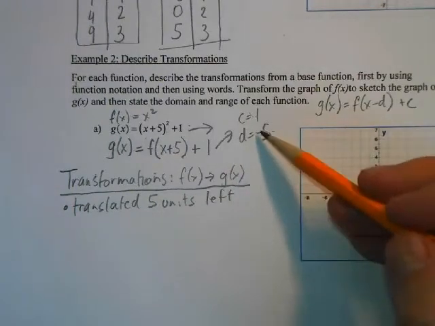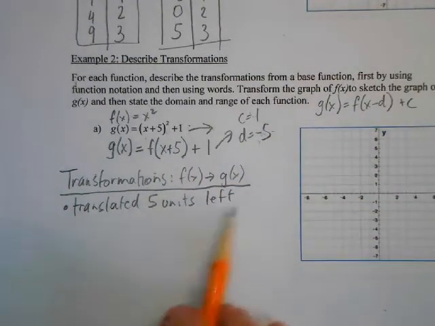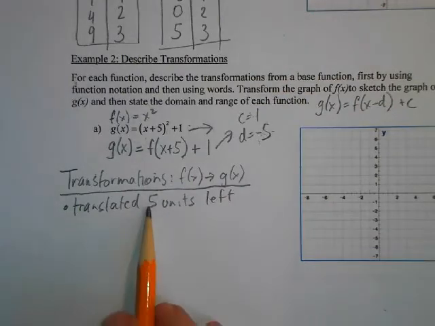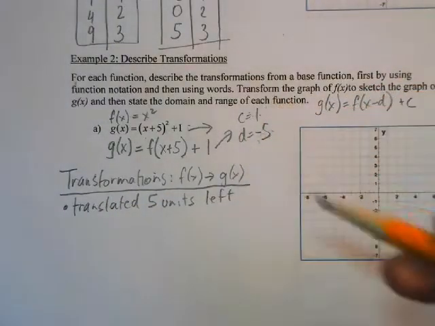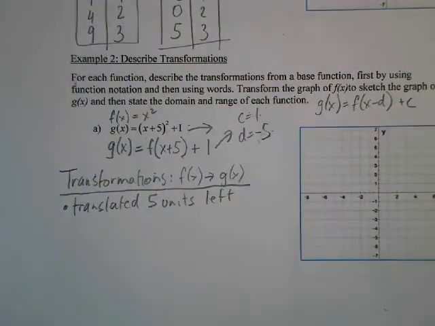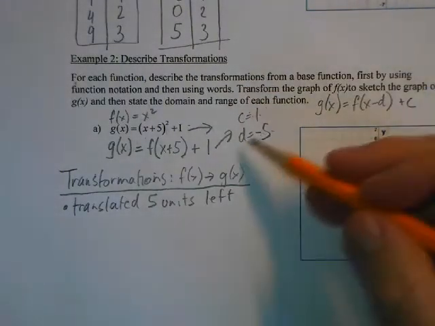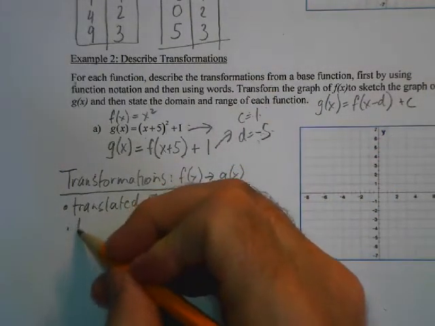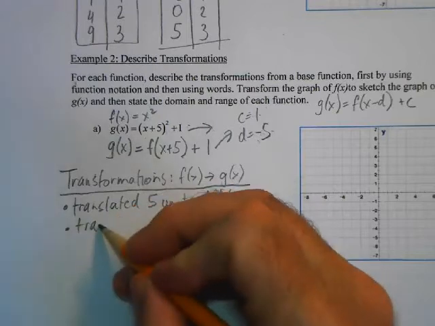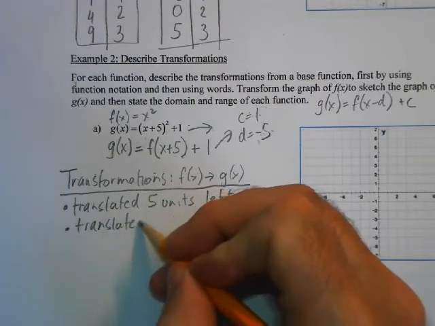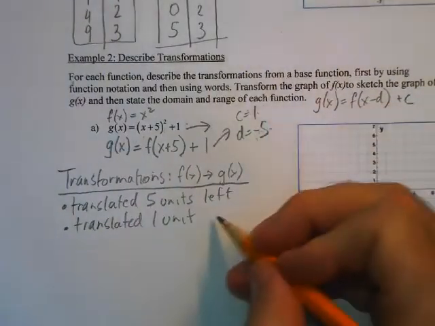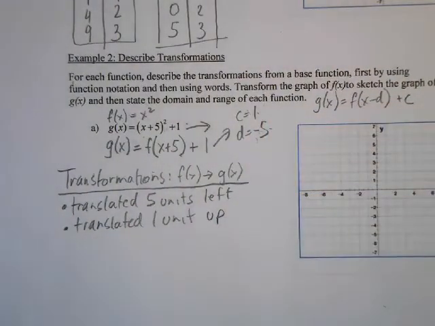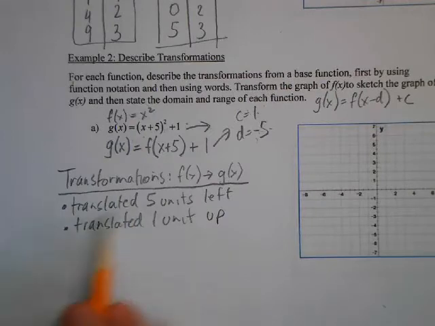So we basically strip that off when we're talking about how many units up or down, left or right. We never put negative units for that. Okay, and then for the c value, remember when c is positive, that's translation up that many units. So in this case, it's also translated 1 unit, and because it's positive, it's up. Okay, so that's what they mean by describe the transformations.